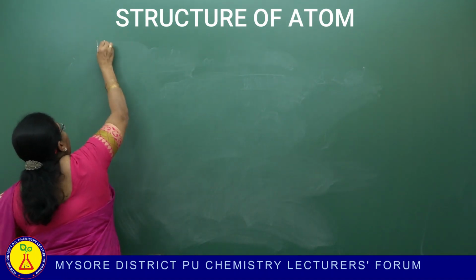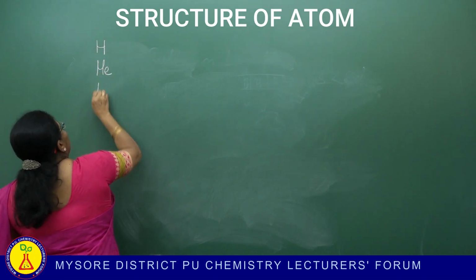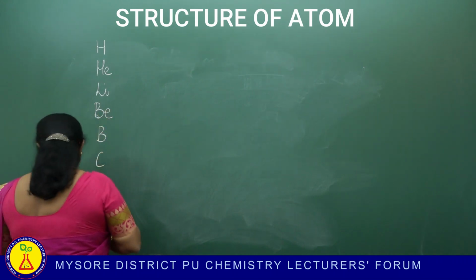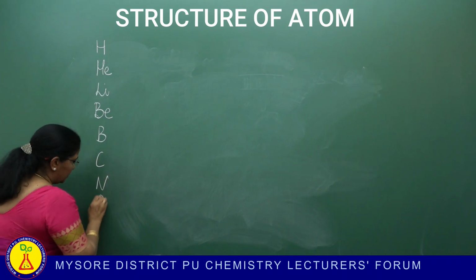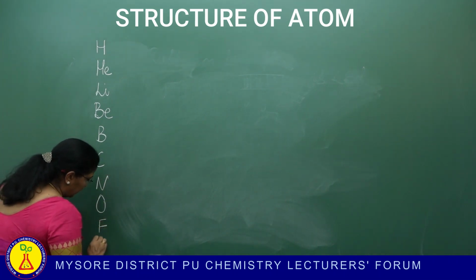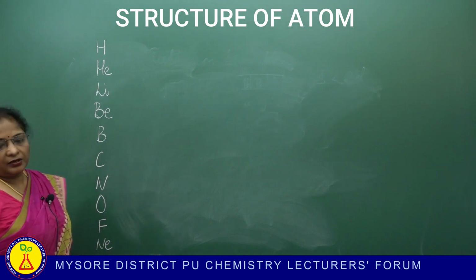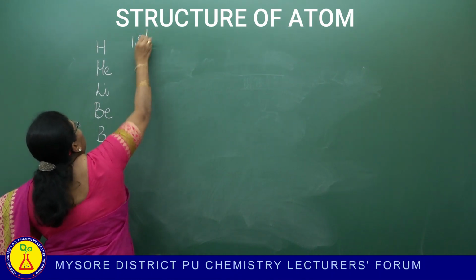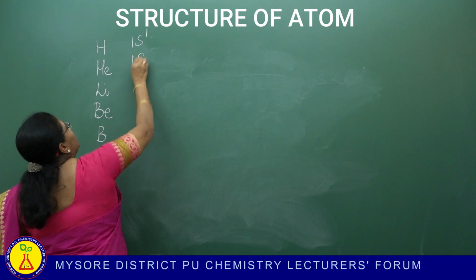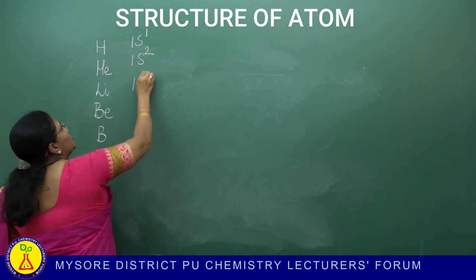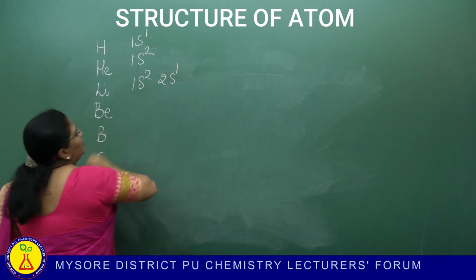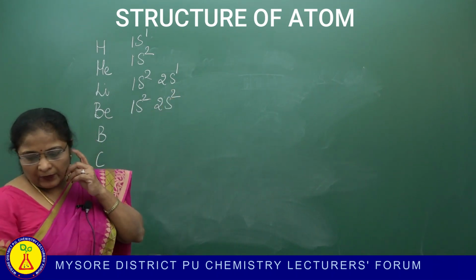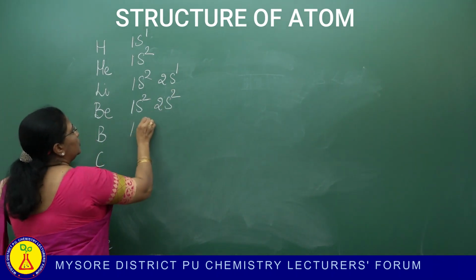The first element is hydrogen, then helium, lithium, beryllium, boron, carbon, nitrogen, oxygen, fluorine, and finally neon. The electronic configuration of hydrogen is 1s1. For helium it is 1s2. Lithium 1s2, 2s1. Beryllium 1s2, 2s2. And then boron 1s2, 2s2, 2p1.